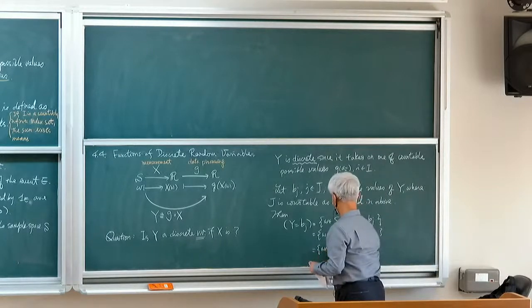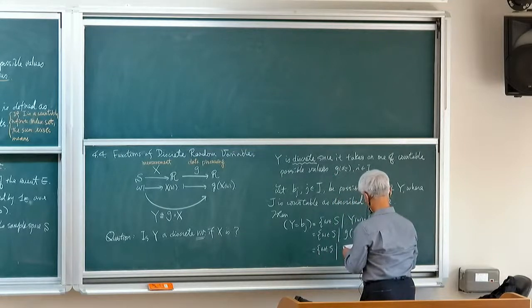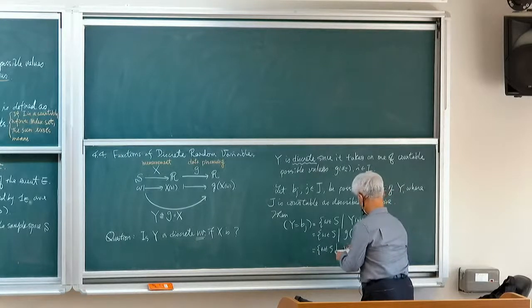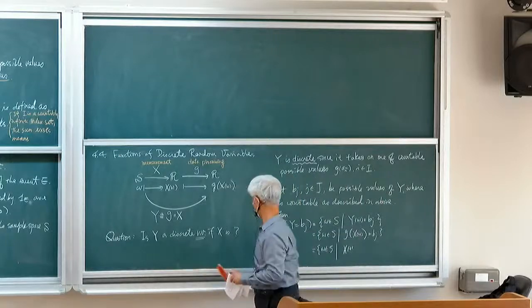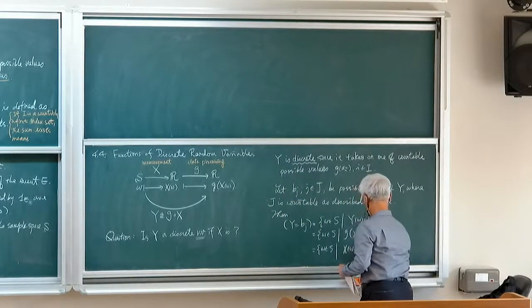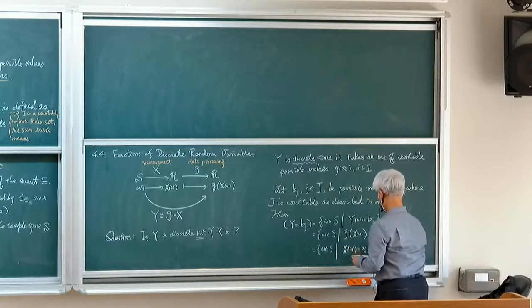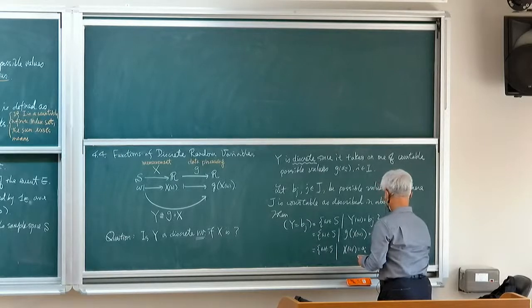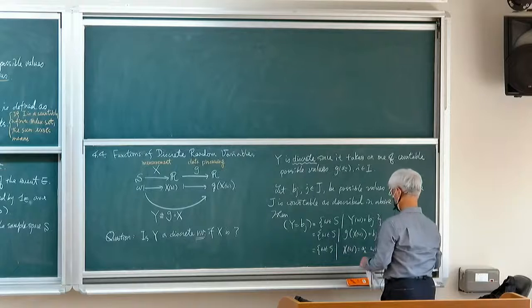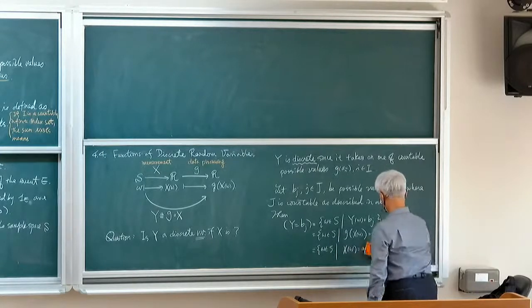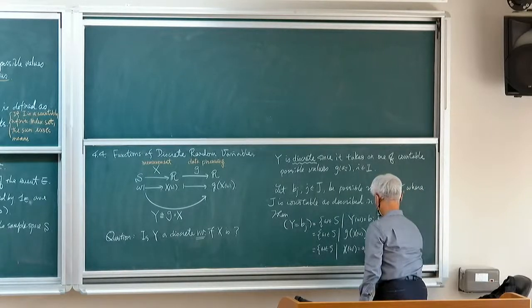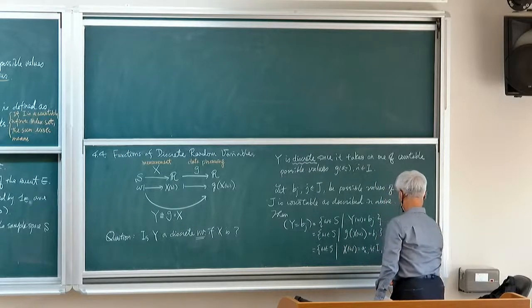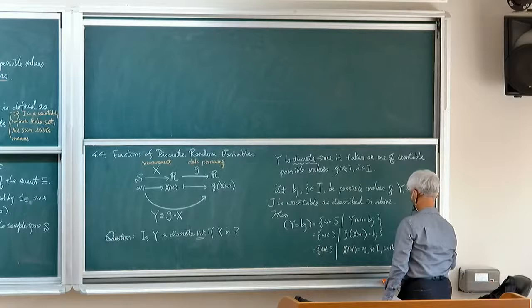So that this is the set of omega such that x of omega equal to a_i, with g of a_i equal to b_j.